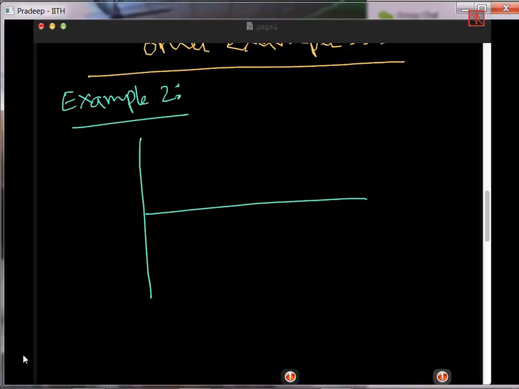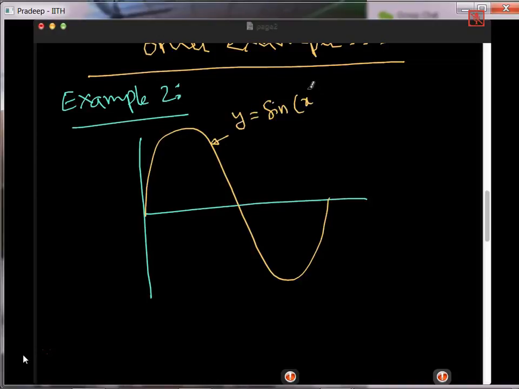Imagine that there is a sine wave. So the sine wave is something like this. So this is y equal to sine of x. This one will be 2 pi and this one will be pi. And this is my y-axis. Now, the pi value, you all might be knowing, is 3.141, something like this.